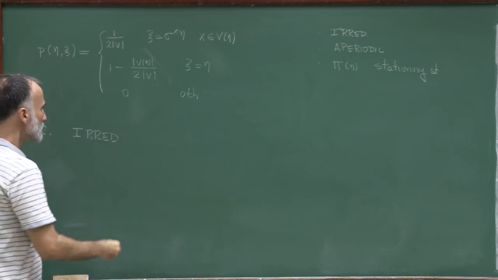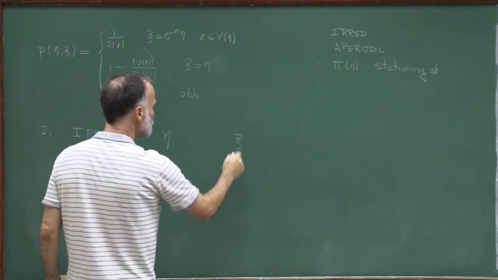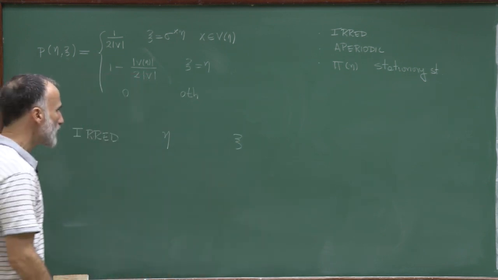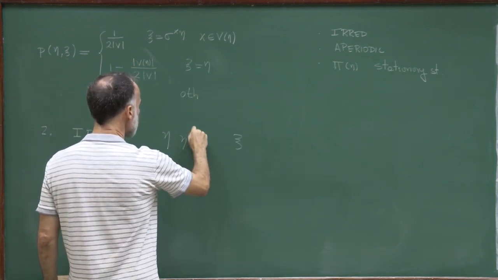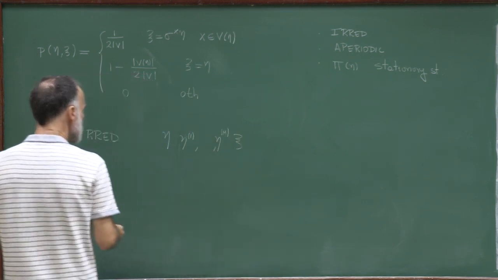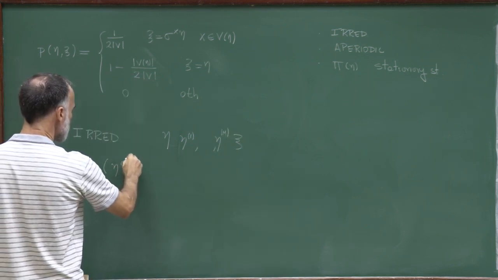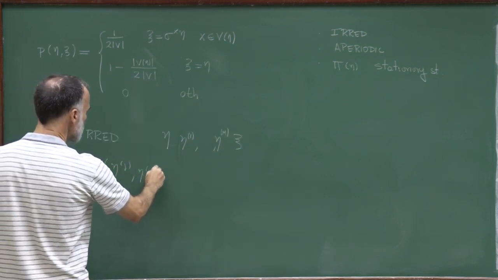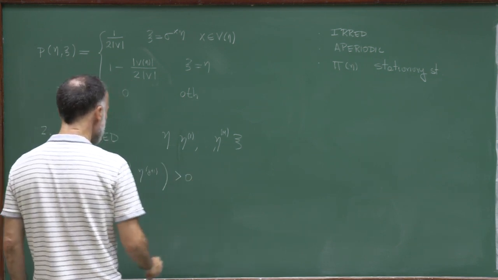Well, to show that it's irreducible, I have to show that if I take two configurations, eta and psi, I can construct a path, say eta 1 up to eta m, such that the probability that I can jump from the configuration eta j to eta j plus 1 is strictly positive.